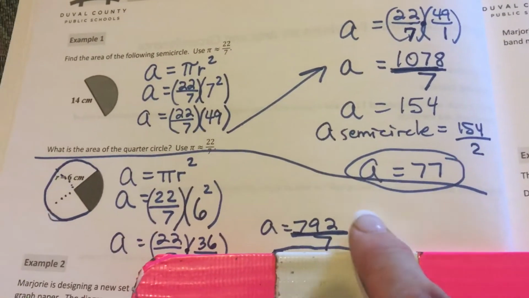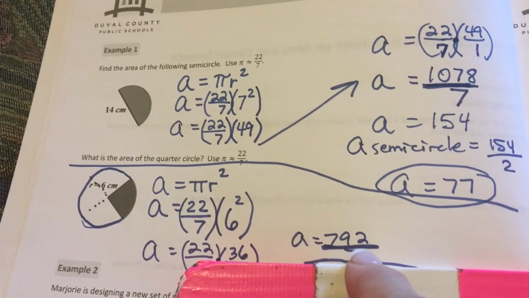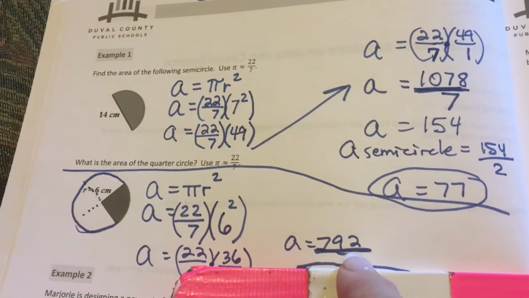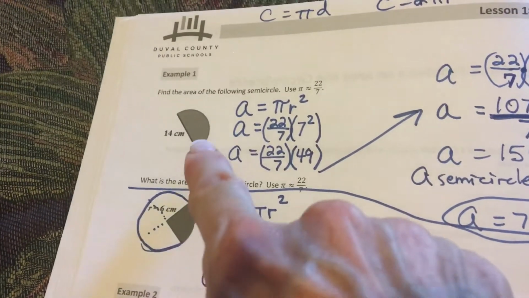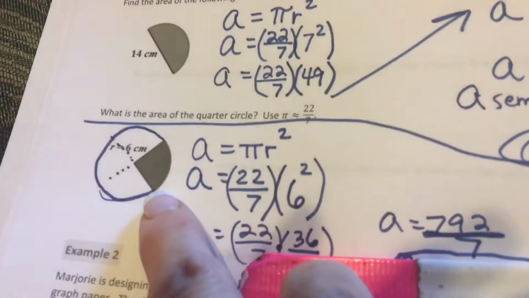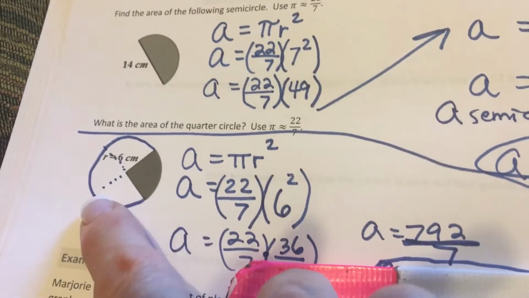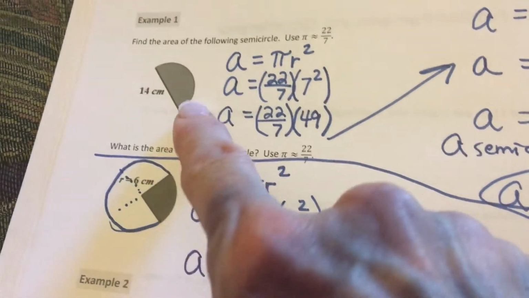because we don't want the area of a whole circle. That's what we just found. The area of the whole circle was 113 point something. If you notice the drawing, the last one was a half a circle. This is not a half a circle. You have to actually look at it and say, now I drew those little dotted lines in. They were not there. You have to logically think. This is a half.